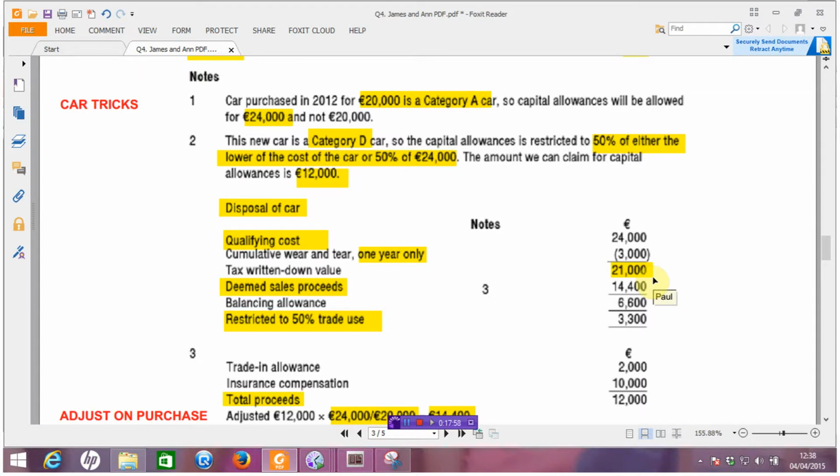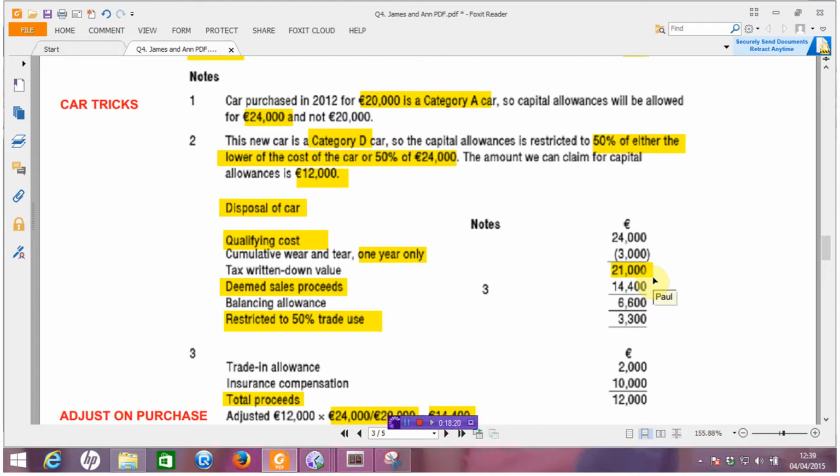Now, what do we need to do once we get the tax written down value? Well, a little bit like net book values within our accounting studies, we have to say, what are we getting for the car? Let's compare the tax written down value, which is effectively the Inland Revenue's net book value, to the proceeds.